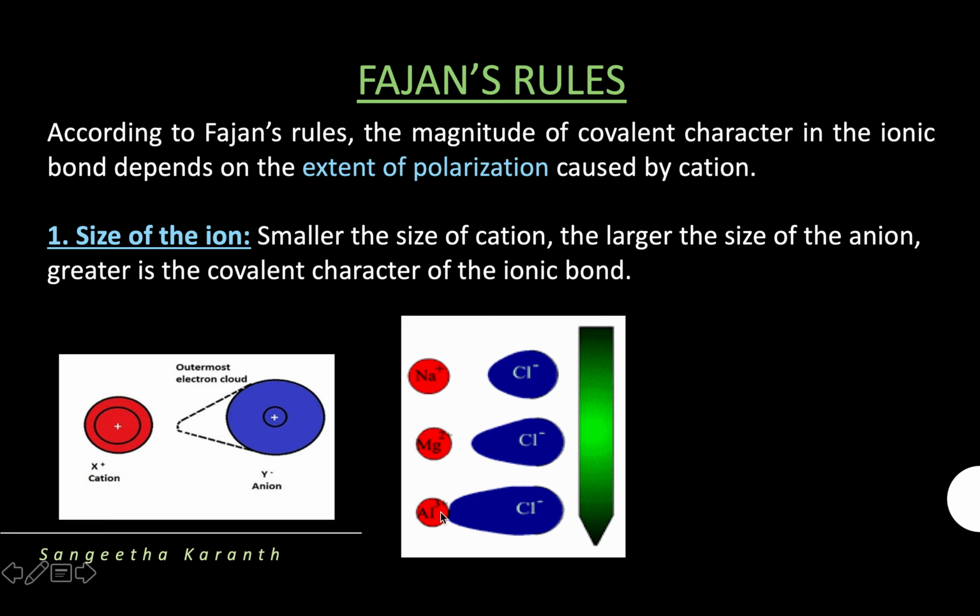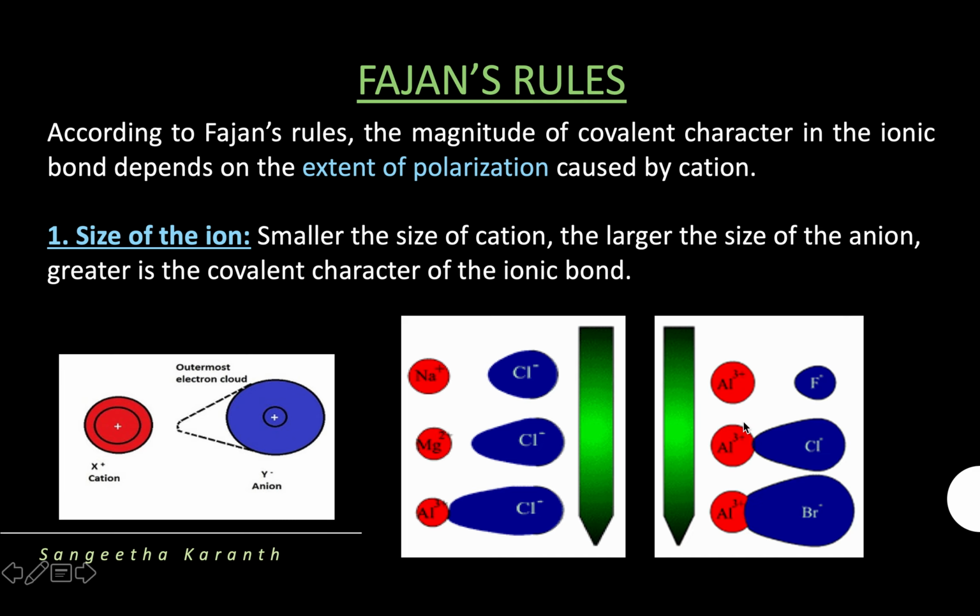Here the charge is much more and hence the polarization is maximum. So the second factor is the charge on the cation as well as the charge on the anion, which should be maximum. Then the polarization will also be maximum. So as the charge increases, the polarization also increases. As the size decreases, the polarization also increases.